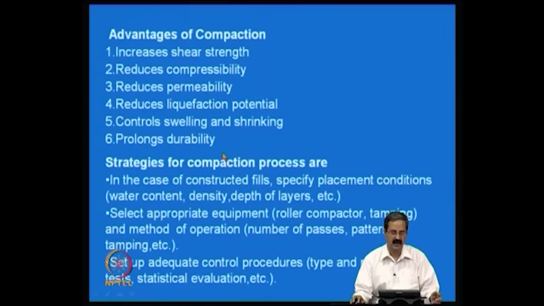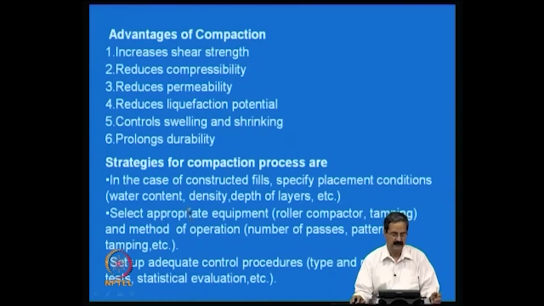So, for example, the gully erosion that we see in many of the deposits, if the compacted soil is present, the tendency for the erosion is less. The strategies that we follow for the compaction process are in the case of constructed fills, say for example, in the case of embankments, we need to specify the placement conditions.